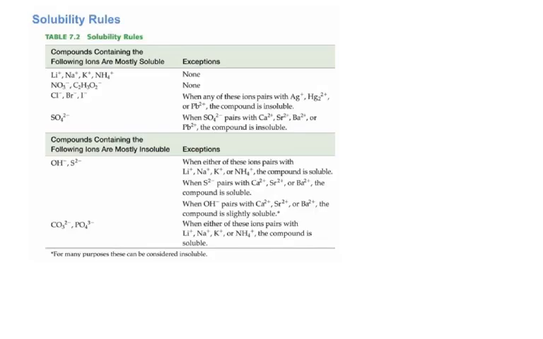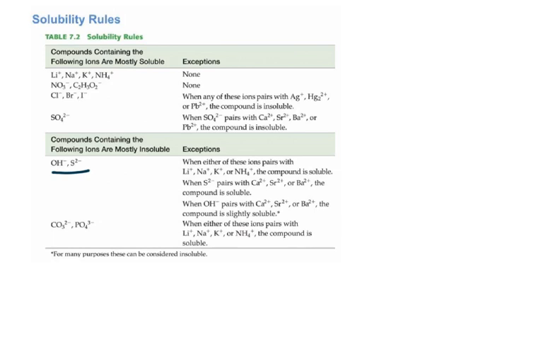Now, let's take a look at this bottom half. This one's written the other way around. Normally, sulfide, which comes from sulfur, don't confuse it with sulfate, the polyatomic ion, and hydroxide, they're usually not soluble.